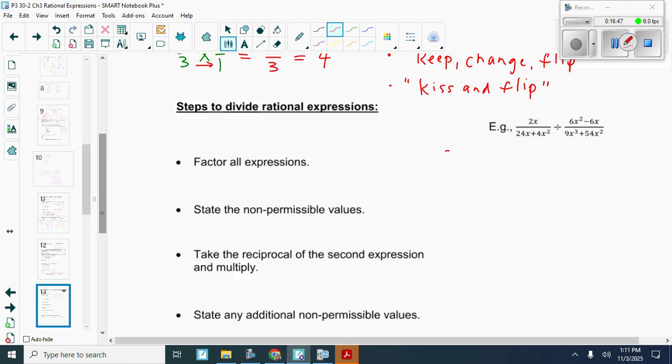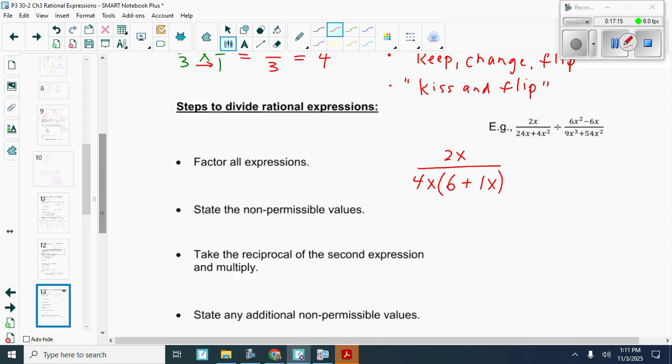On the top we have a monomial, so we can just write it. On the bottom, I'm seeing that we have a GCF. We can take out a 4, and we can also take out an x. So we have a 4x, and then we're left with 24 divided by 4, which gives us 6. x divided by x is just 1. Then 4 divided by 4 is 1, and x squared divided by x is an x.